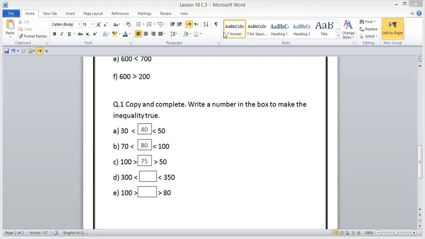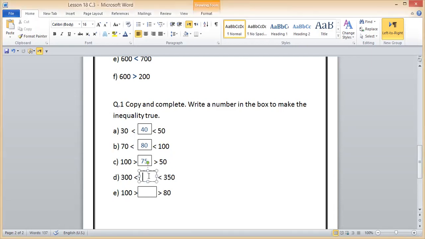I'd like to take one more student. Abdul Rahim Fadi. Mashari. Yes, sir. Tell me what number should I write here from 300 to 350? 300 is less than the number and that number is less than 350.